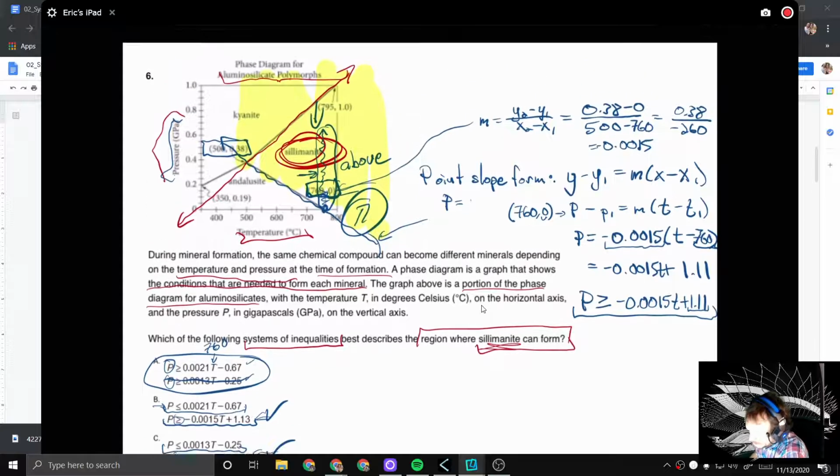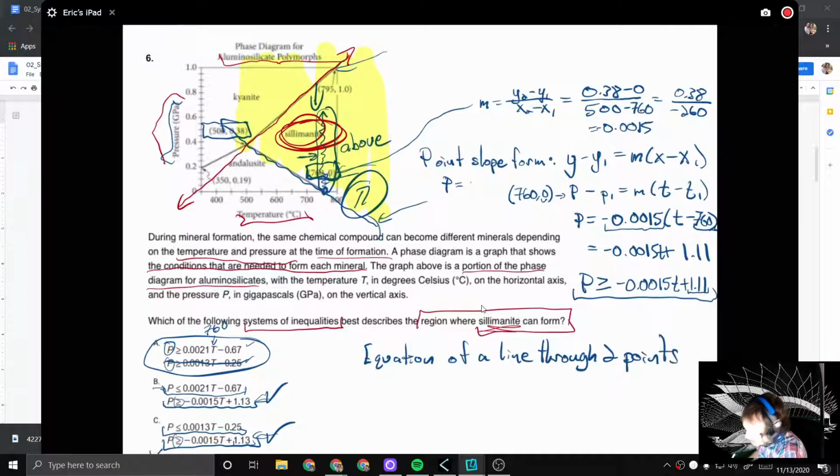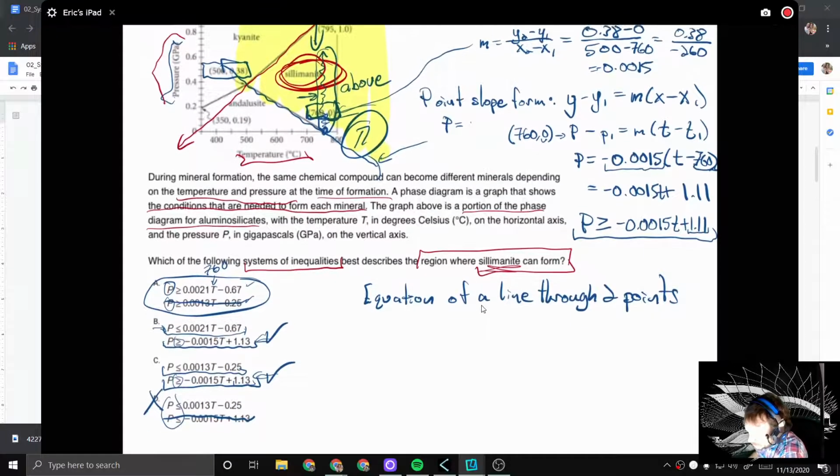So let's write the equation for this line here. We have 2 points on that line. We're using the strategy from your geometry class, equation of a line through 2 points. This is what we did before, but I want to do it a little more carefully and less haphazardly.